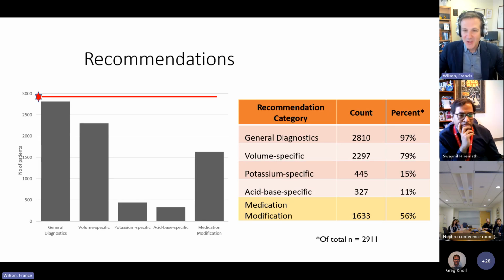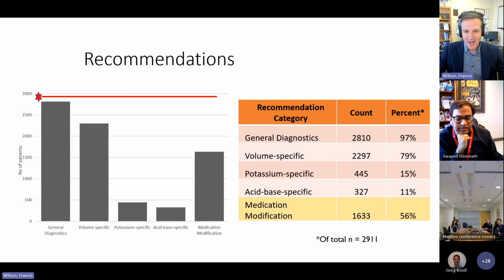There's almost always something you can do for AKI, but potassium and acid base recommendations are quite a bit more rare. Not surprisingly, a lot of people have sort of normal potassiums. In fact, our most common potassium recommendation is to replete potassium. That's something that surprised me, but we saw it very early on in the study.